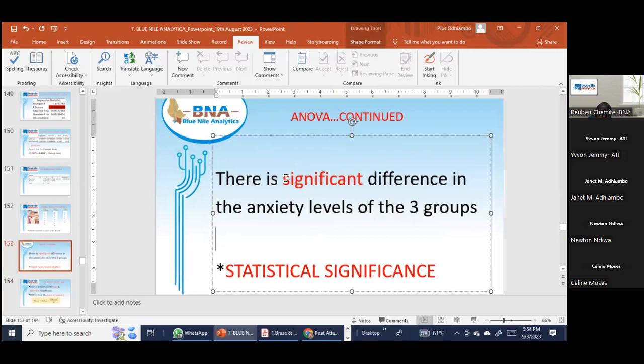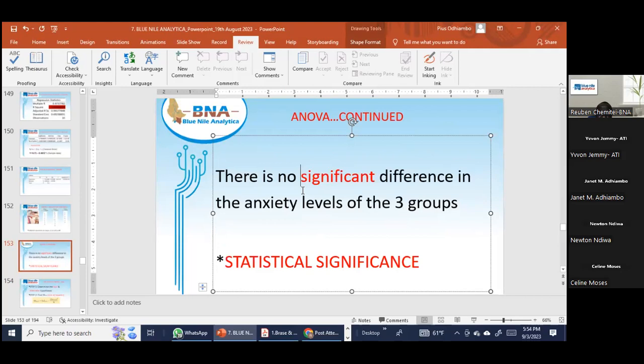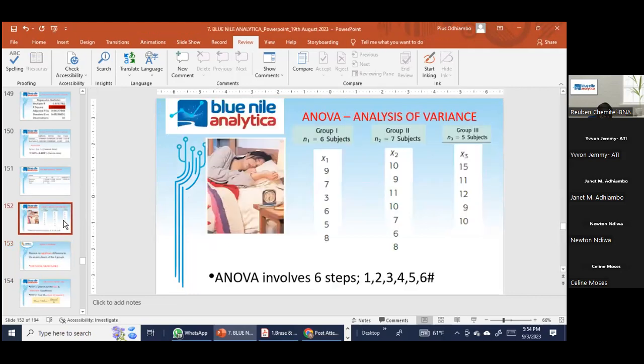Remember, a hypothesis is a tentative answer to a research question. And what we are going to have is there is no significant difference. This is how we state the null hypothesis. Remember, we are going to compare these values when we conduct the analysis of variance.